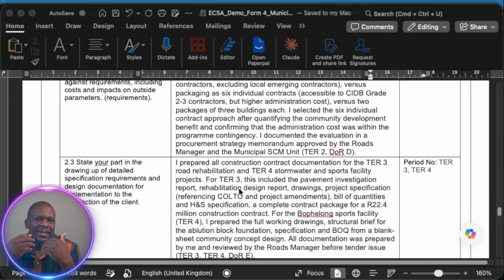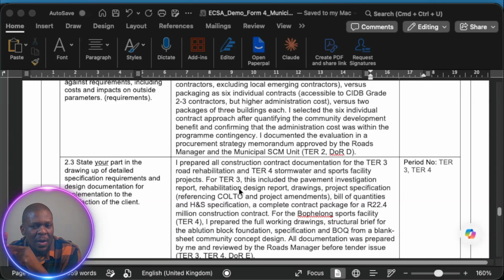So here they are saying, what was your contribution? How did you put together the specification? How did you put together requirements for the implementation of that solution? I prepared all construction contract documentation. So you are explaining what you actually did, what your contribution is in this case, and that you did in period 3 and 4.